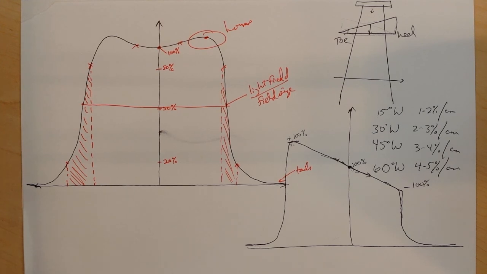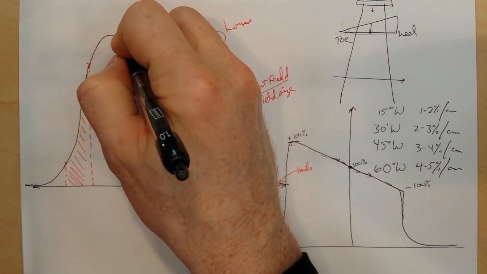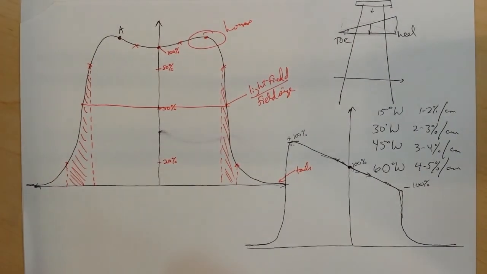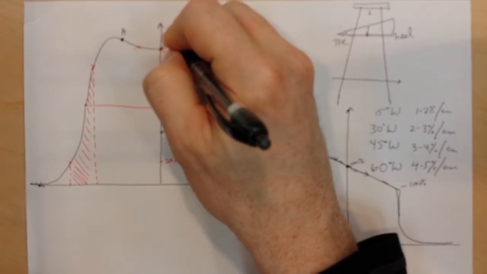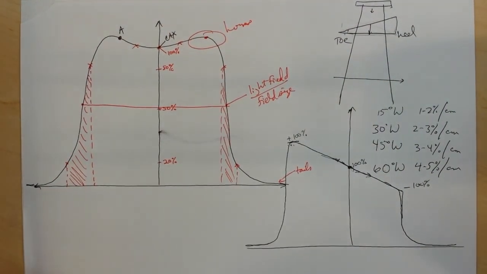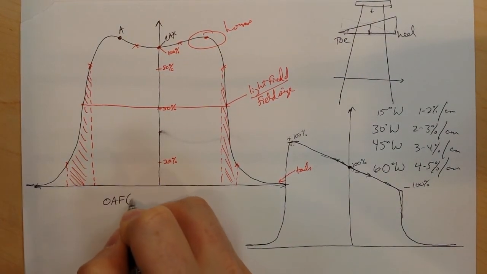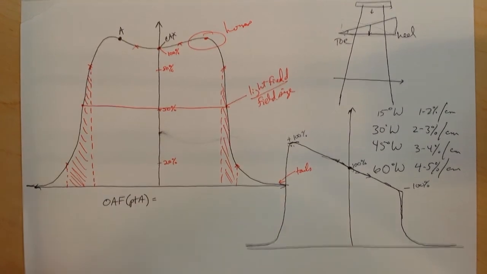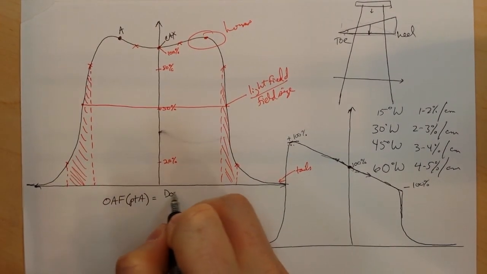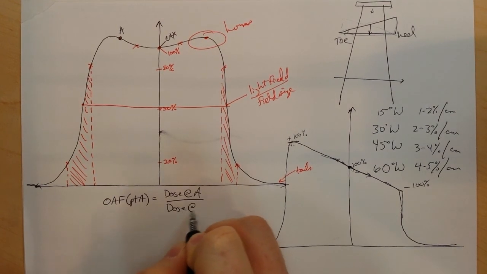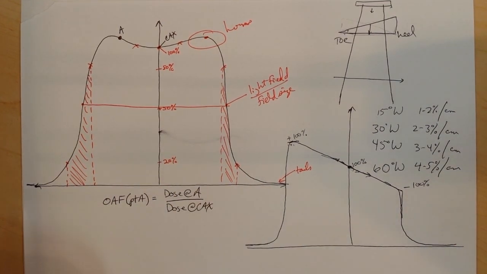And all this is, is a ratio of the dose to a point off of the central axis. We'll call this point A, and we're going to take it as a ratio to the dose on the central axis. So the off-axis factor for point A is going to be dose at A divided by dose at the CAX, the central axis.